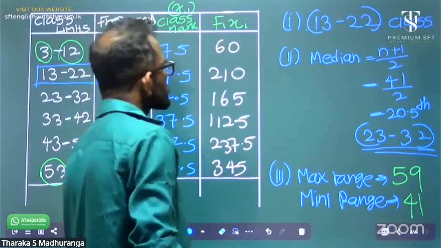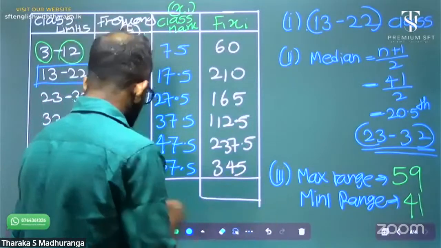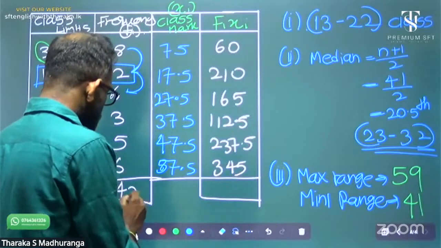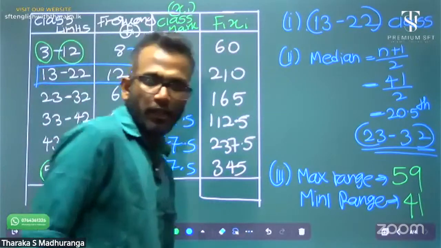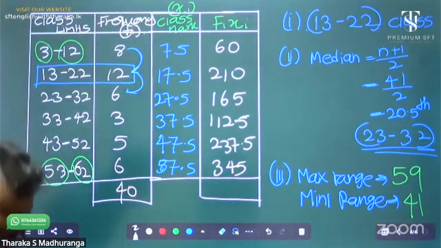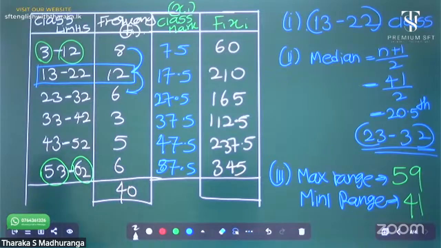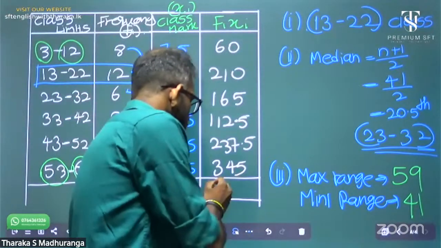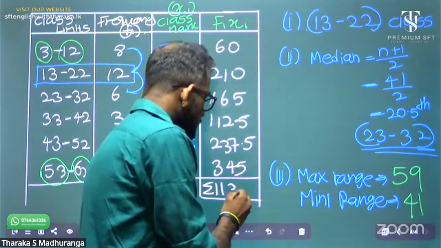Yes, now you can add these values. The total frequency is 40. Hurry, add the column values. What's the summation of fi xi? 1130.